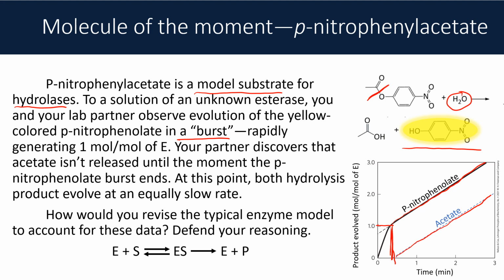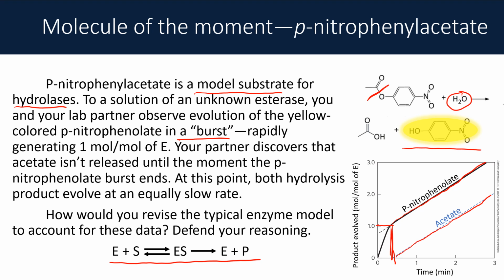So reproduced over here, we have the generic enzyme reaction equation that we used in our Michaelis-Menten derivation. E plus S reversibly forms our enzyme substrate complex, which dissociates into our enzyme plus products. This model does not apply to the situation we've observed, though. We have multiple products, and they seem to be released at different times.